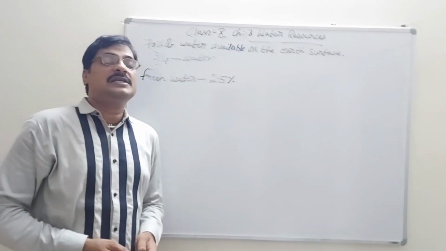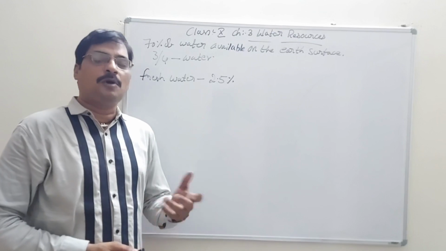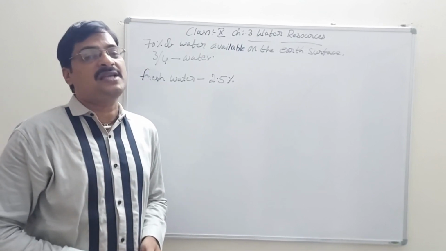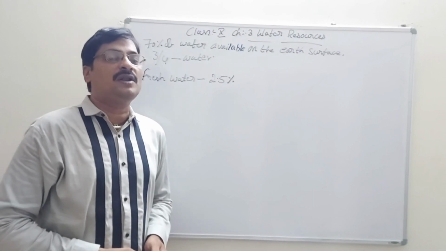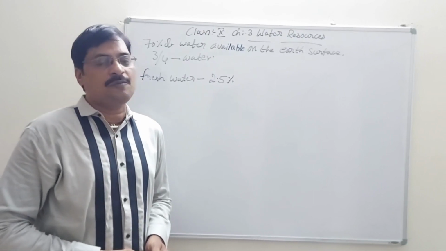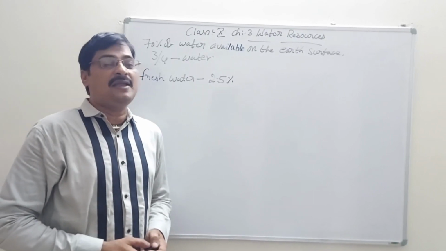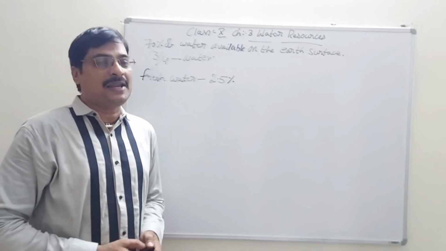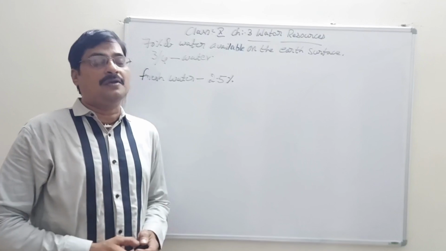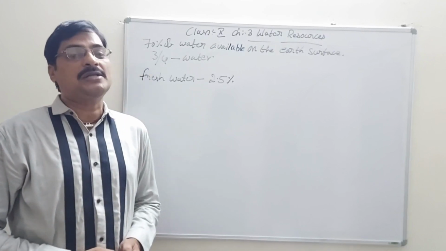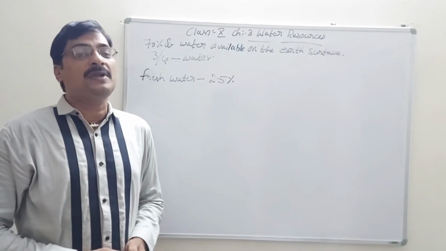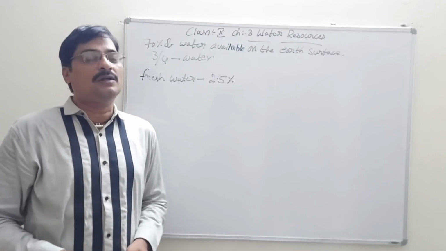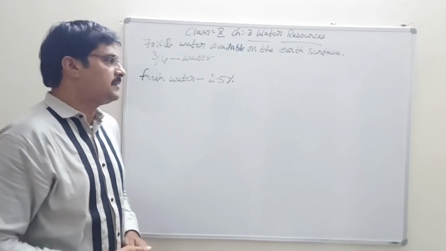Why is it in shortage? Because the population is increasing in our country. How much population is there in our country? More than 140 crores. But some areas have a shortage of water. In total, around 2 billion people are facing a shortage of water on the earth's surface.